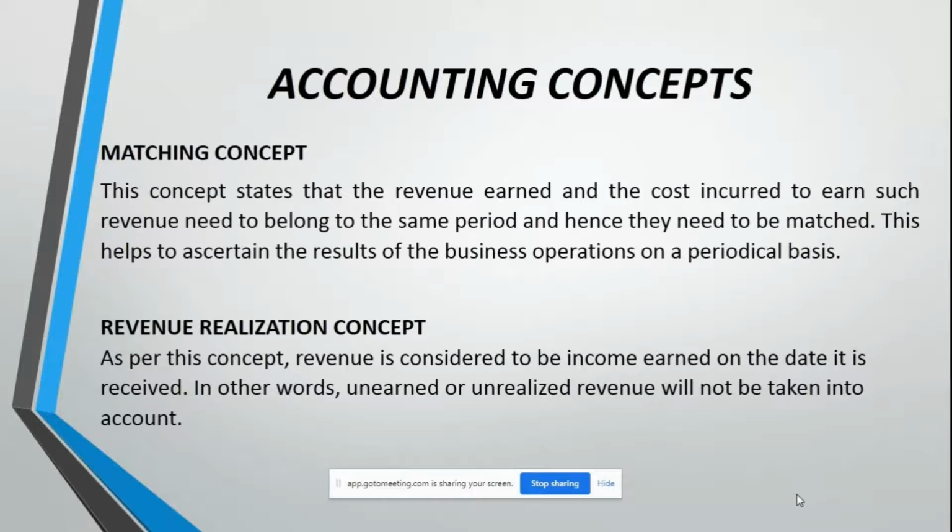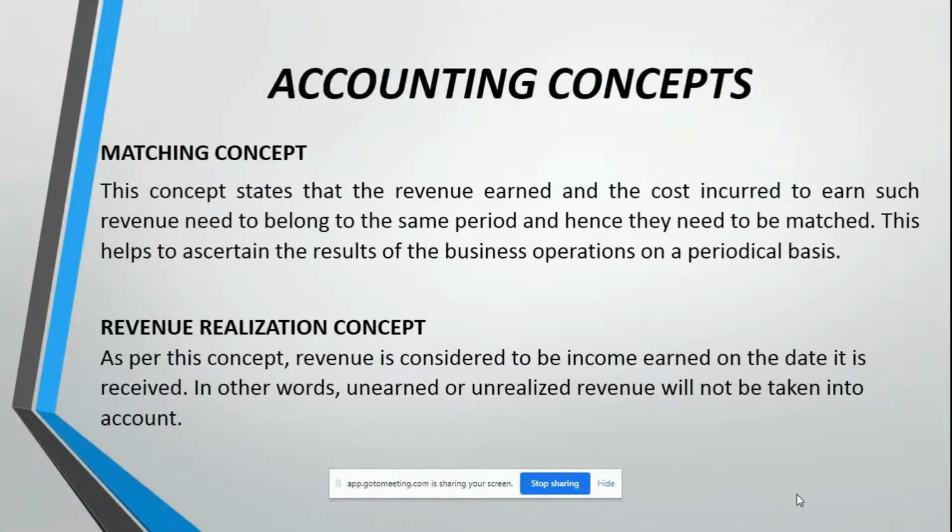Now, the next we have is the revenue realization concept. So, what does this revenue realization concept basically mean? This particular concept is the opposite of the accrual concept. Now, what does the accrual concept say? The moment any transaction takes place, it must be recorded. Afterwards, when any payment or receipt is involved, of course, we make another entry.